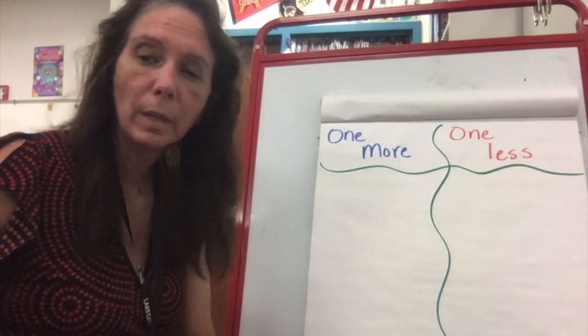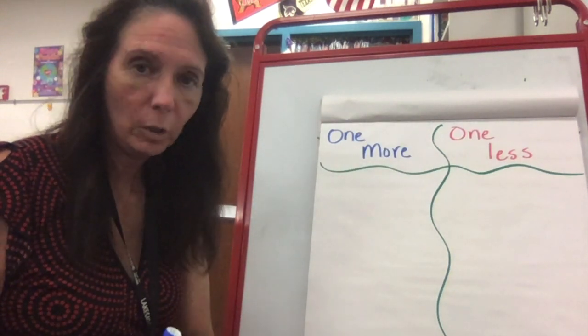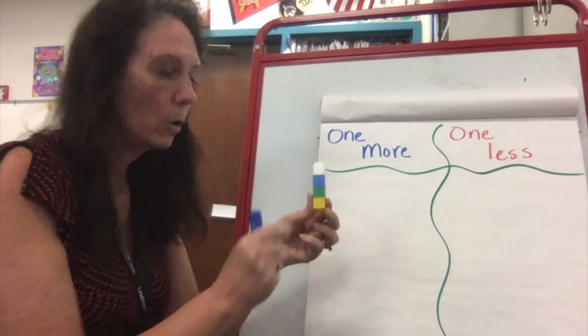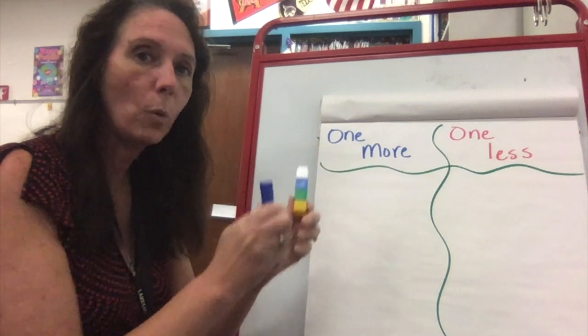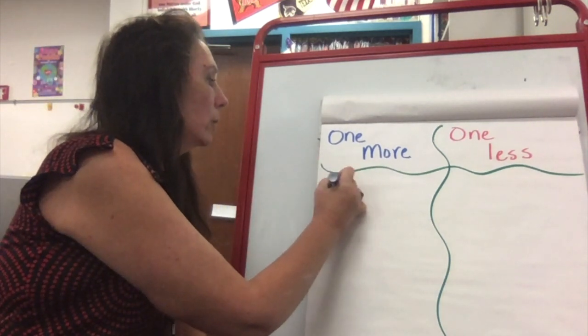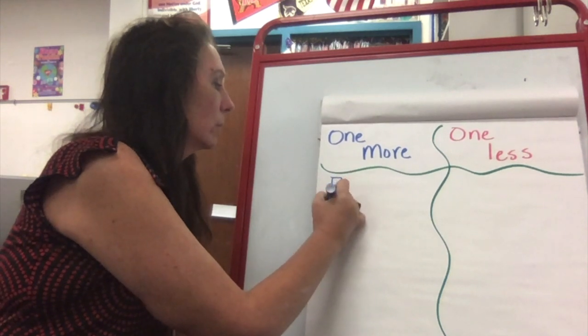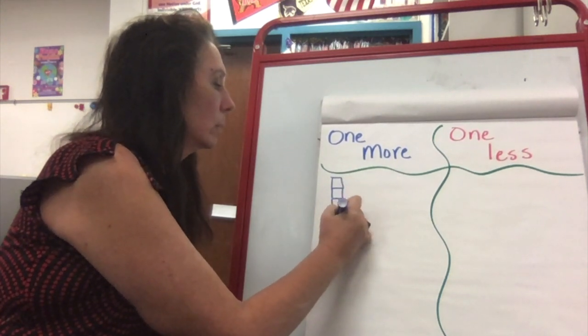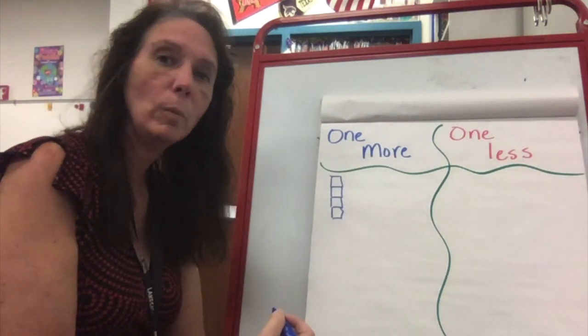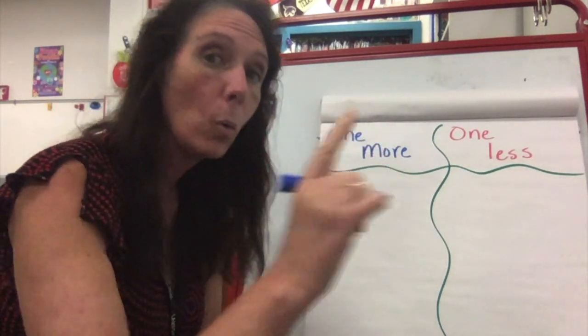So, if I happen to have some cubes here, and I had 1, 2, 3, 4 cubes. So if I were to draw a little tower here with 4 cubes, if I said, can you give me how many cubes would be 1 more?